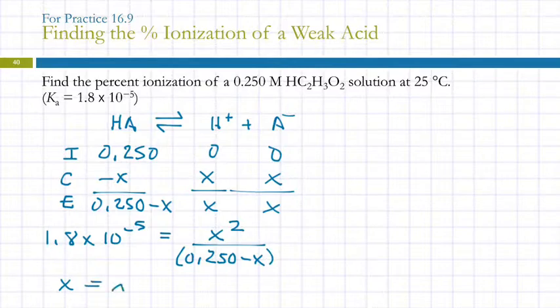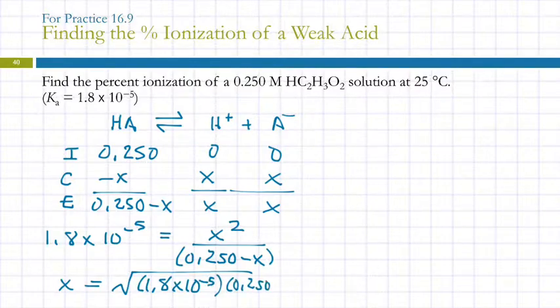So if we do the X is small approximation, I'm getting 2.1 times 10 to the minus 3.